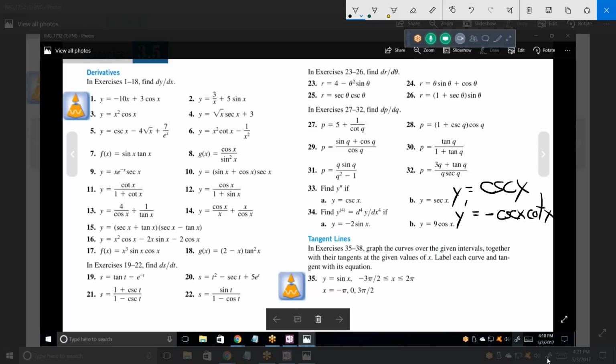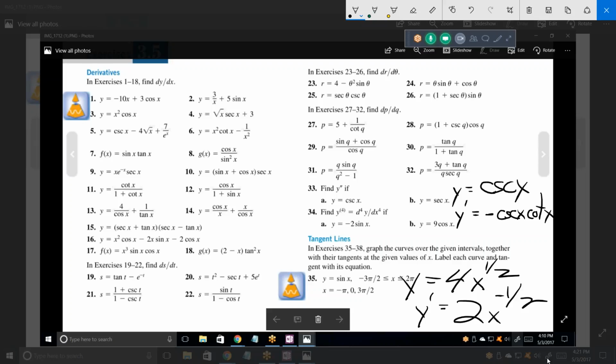So that's the first term. Second term is 4x to the 1/2. That's not hard to differentiate. What's the derivative of that? That would be 2x to the negative 1/2.